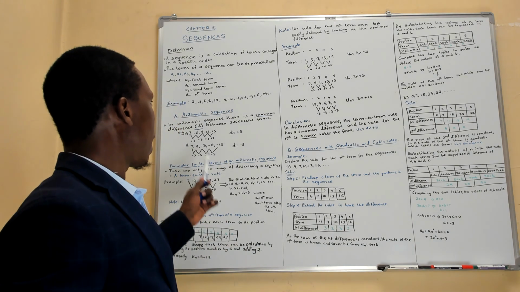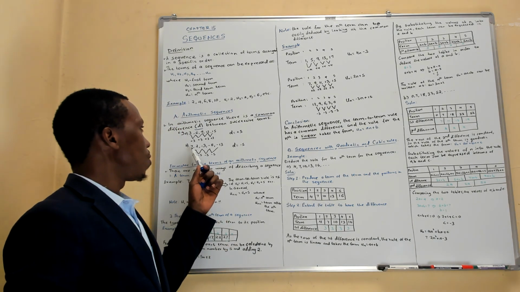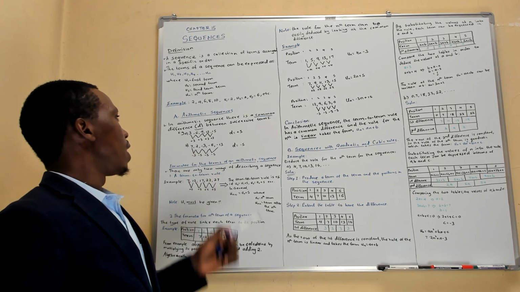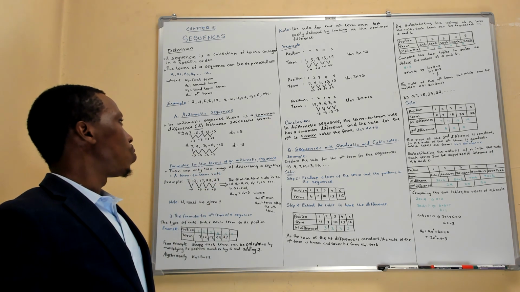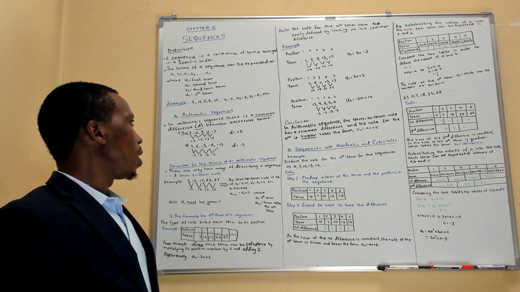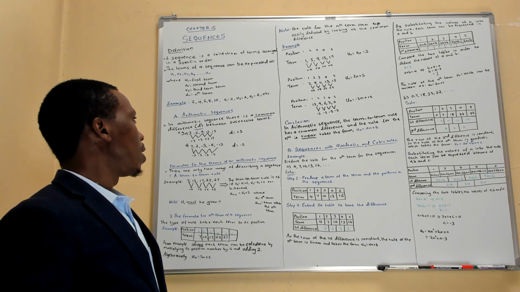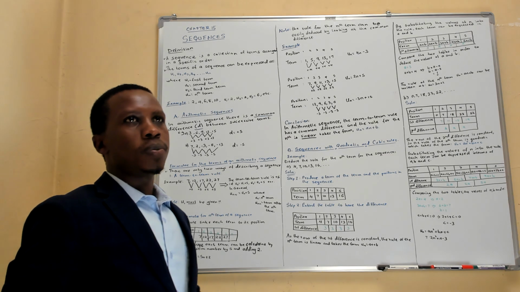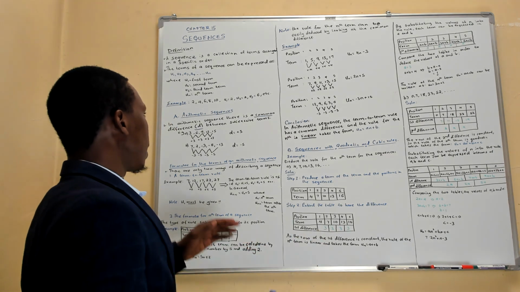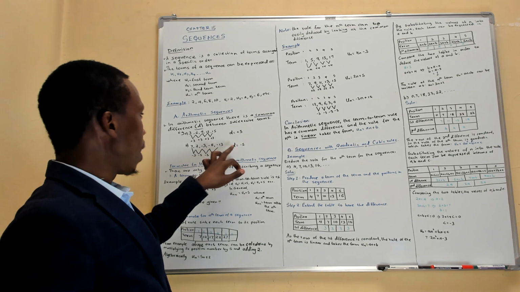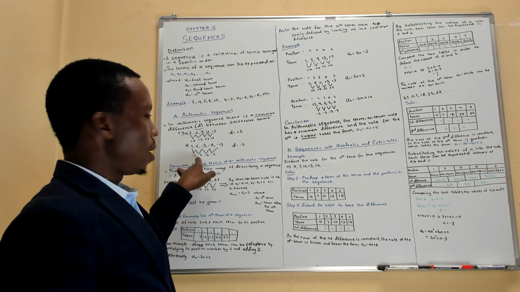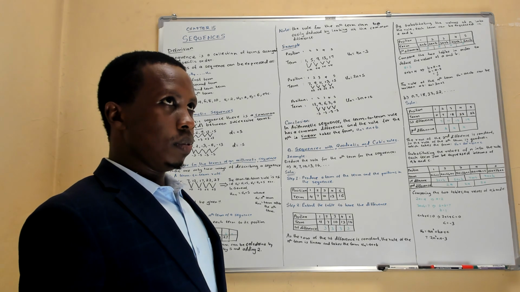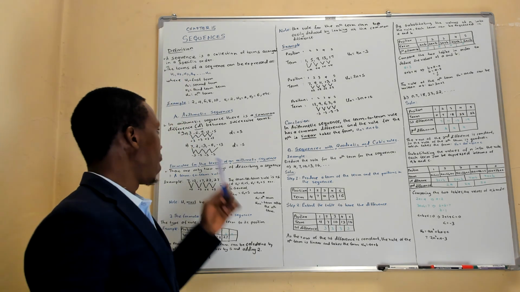If you go ahead and check this one: 7, 2, -3, -8, -13. You'll agree with me that there is a particular pattern with a common difference of -5, because from 7 to 2 we have -5, which has been subtracted from 7.